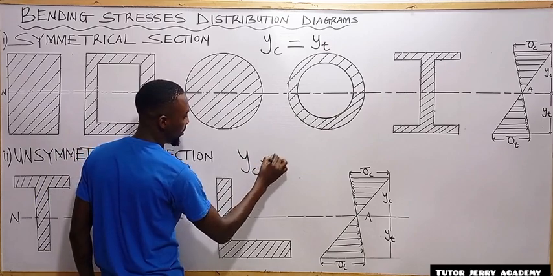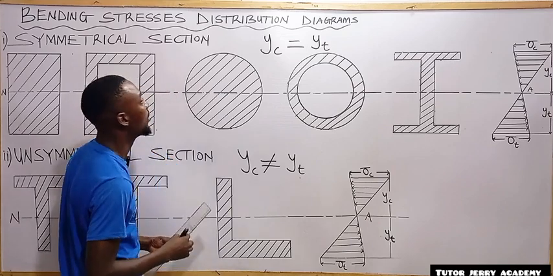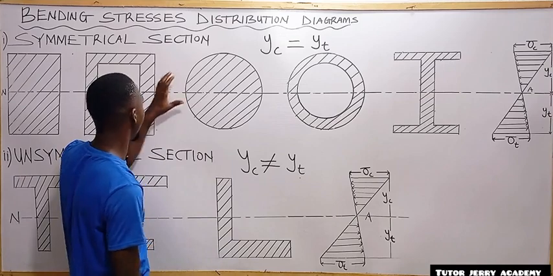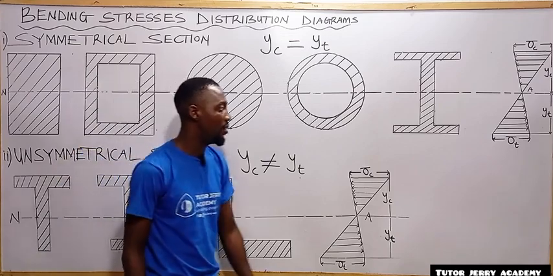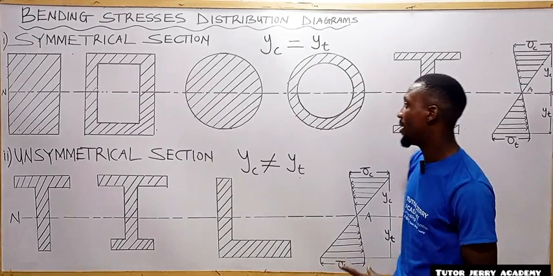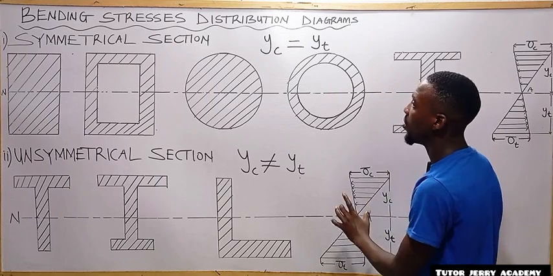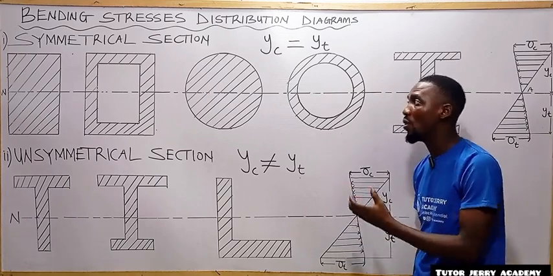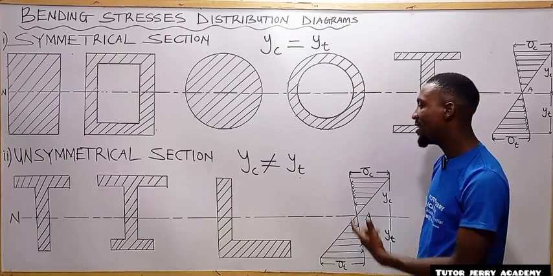So this is the major difference between symmetrical section and unsymmetrical section. So I believe we understand this little explanation. So this is just what we need to note here when it comes to the bending stress distribution diagram for symmetrical section and then unsymmetrical section.